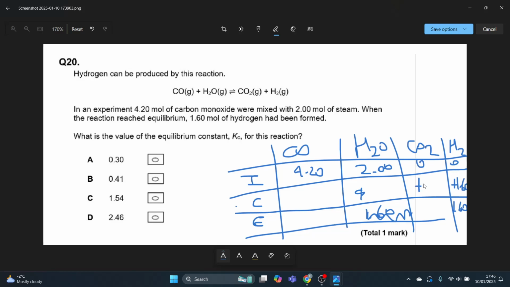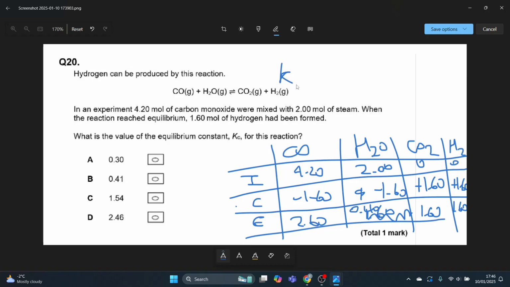Therefore, this change is 1.60. Therefore, this change is minus 1.60, 0.4. And this change minus 1.60. 4.20 minus 1.60, 2.60.